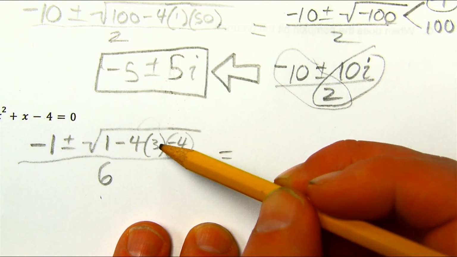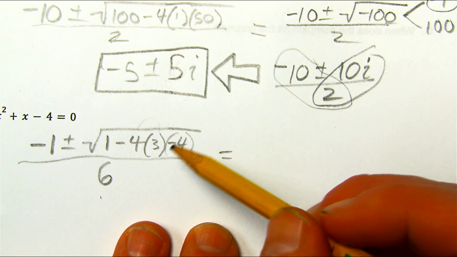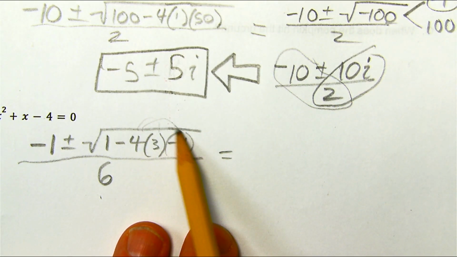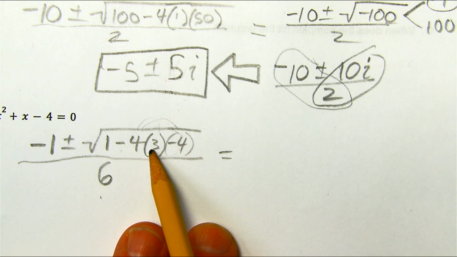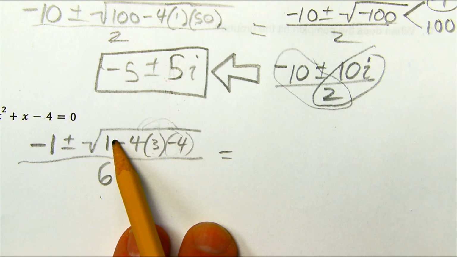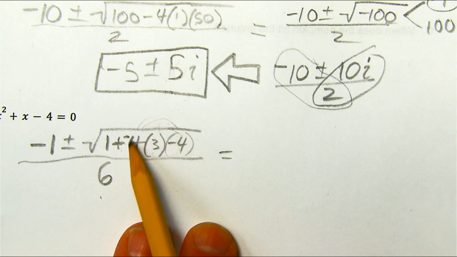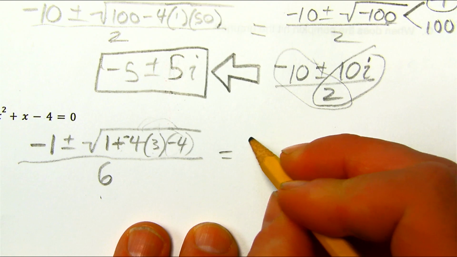4 times 3 is 12, times negative 4 is negative 48, but this is negative 48 minus negative 48. It's like plussing, or you could think of it as two negatives multiplied together makes a positive. Positive 48, 1 plus 48 is 49.